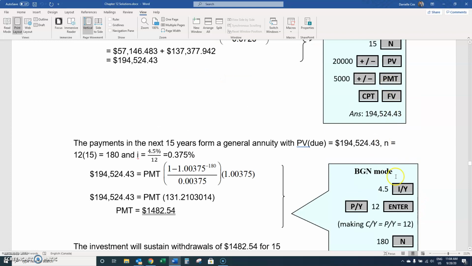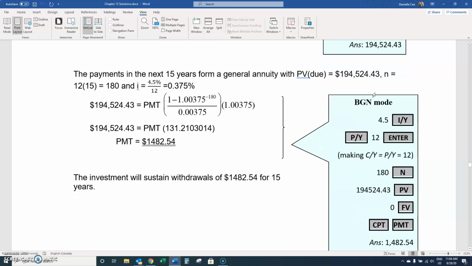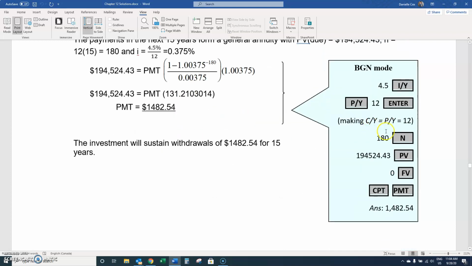If that question had been broken out into two separate questions, you would have seen each of them many times before. But because both were asked in one, you have to figure out that you do this first to calculate the future value, and then use that to determine the size of the payments.